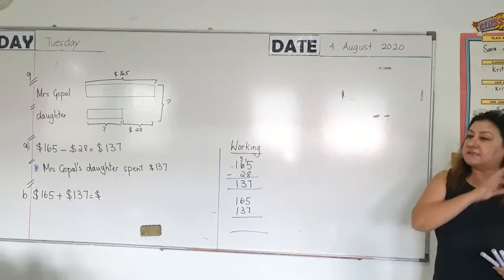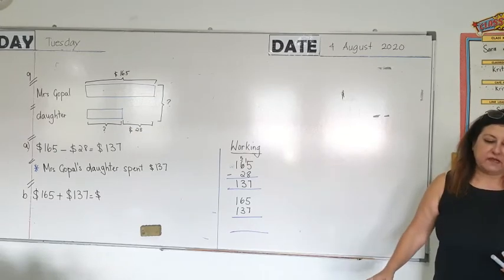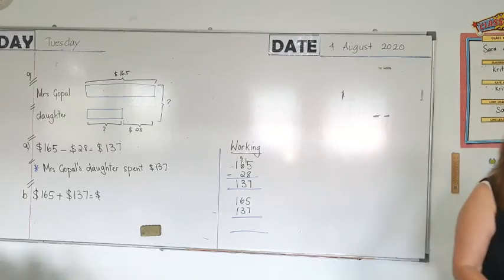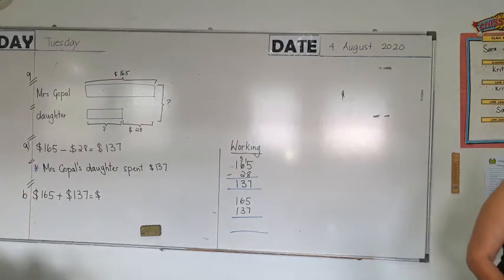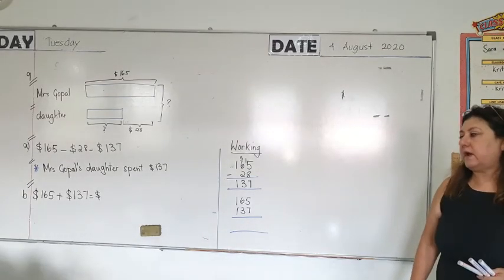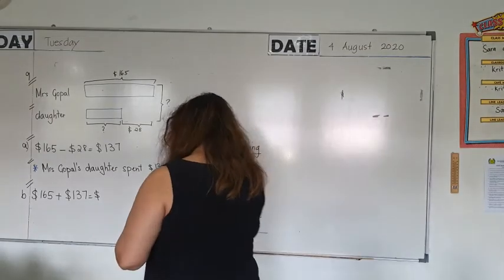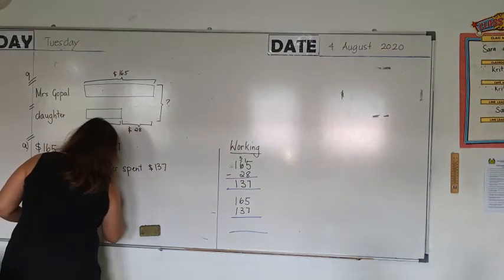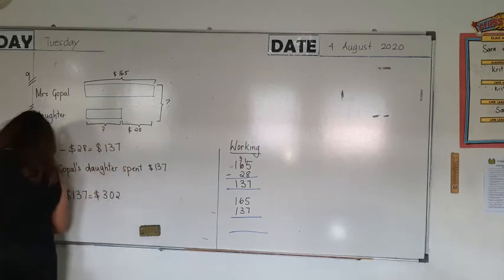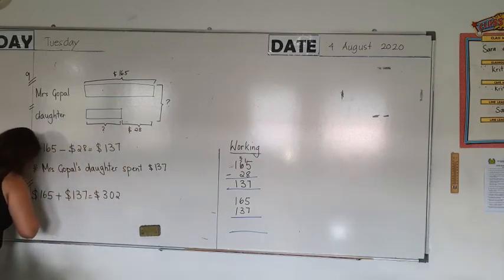You may not have space because the numbers are very big, so you can squeeze it, okay? You can squeeze it, darling. Where will you write the answer? Okay, alright. You won't have space to write. 302. Correct. 302. Leave a line, then statement.